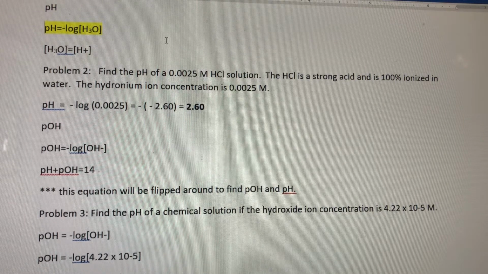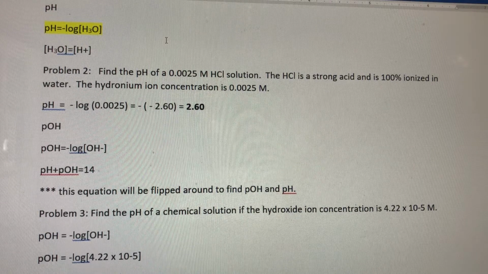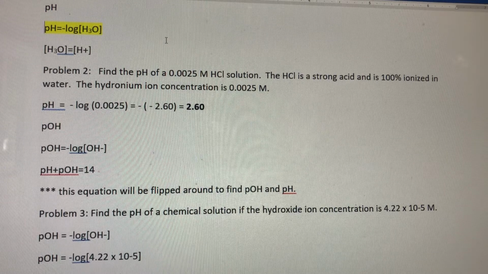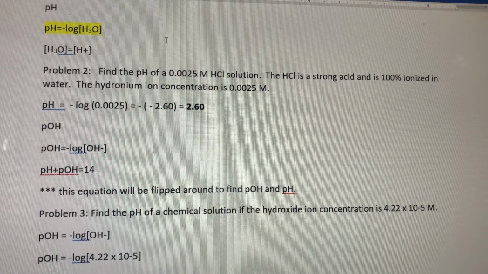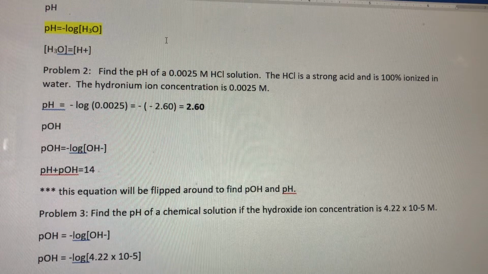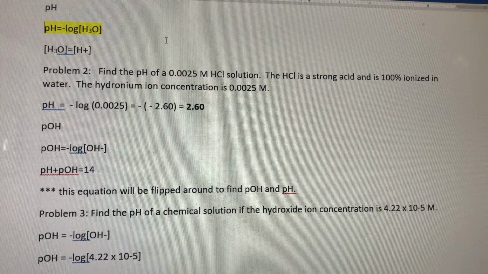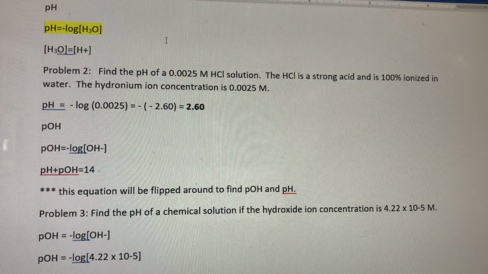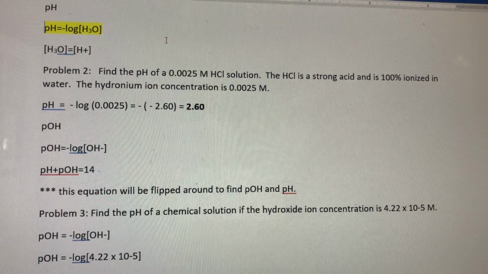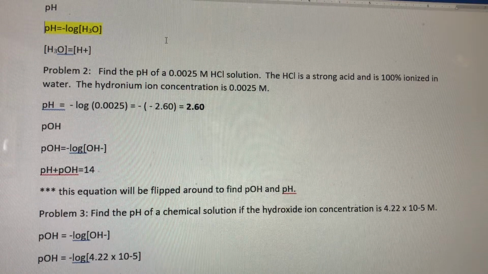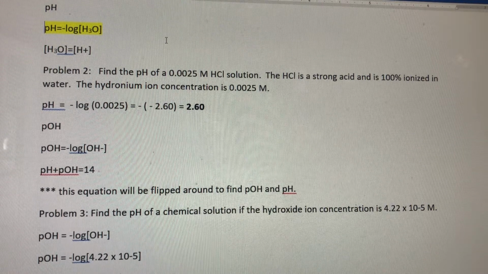For an example problem, we're going to find the pH of a 0.0025 molar hydrochloric acid solution. HCl is a strong acid and is 100% ionized in water. The hydronium ion concentration is, like I said, 0.0025 molar. So we take the formula from above, pH equals the negative log of the hydronium ion, which is the 0.0025 molar HCl solution.